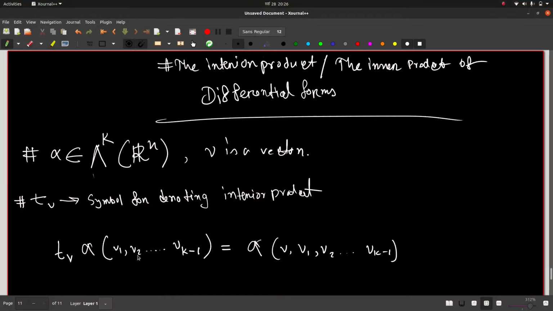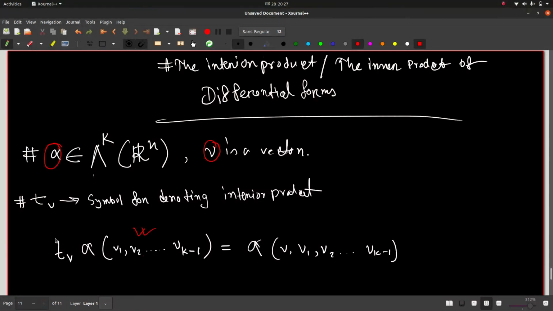Because we are considering an interior product between this alpha and this v, right? And we are only interested in the product between them. So notice what happens in this definition. Alpha is a differential form, so eventually it will act on some vectors, right? And those vectors are written as v1, v2, v3, up to v(k minus 1).